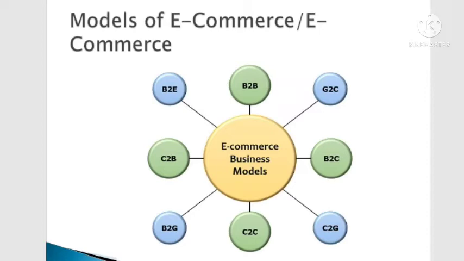So when Amazon is transacting with other sellers who are selling their products over Amazon, this transaction would be known as B2B, because the customer is not involved, only the two businesses. Amazon is also doing business, and the sellers who are selling on the Amazon platform, they are also doing the business. So when they are transacting with each other, it means that there is a transaction between businesses.